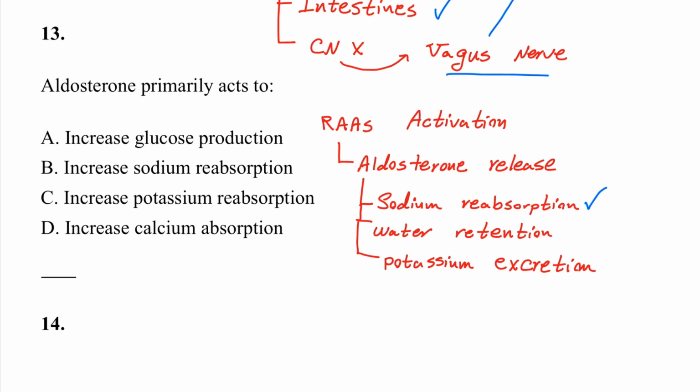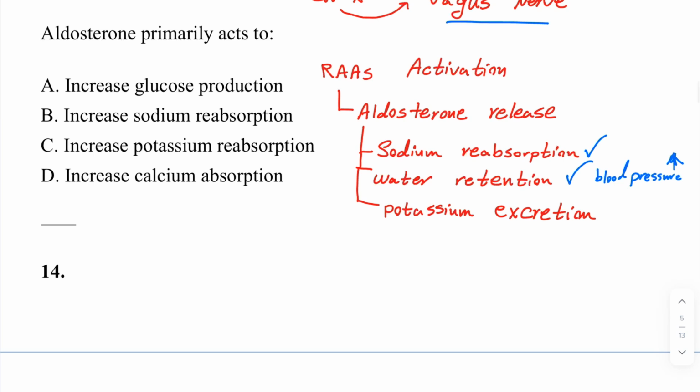Aldosterone increases sodium reabsorption back to the bloodstream, and water follows sodium, which increases blood volume and blood pressure. Blood pressure goes up. At the same time, potassium is excreted.